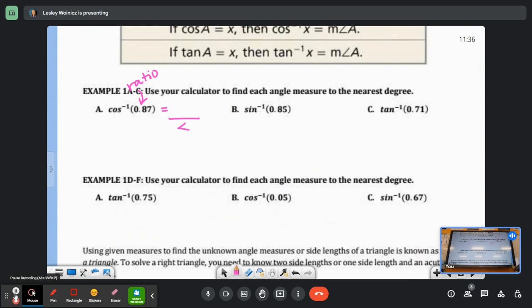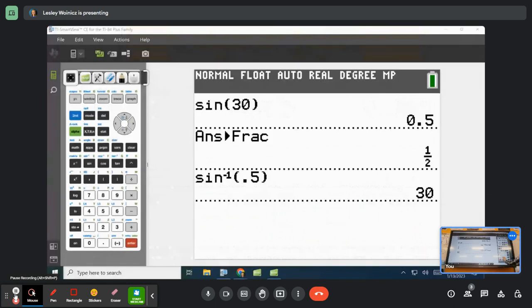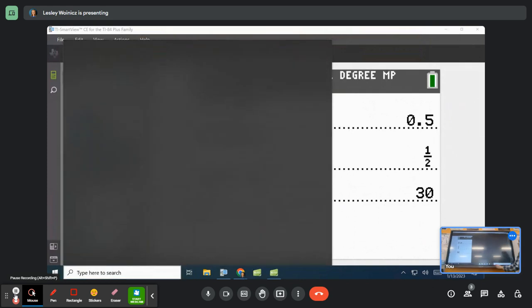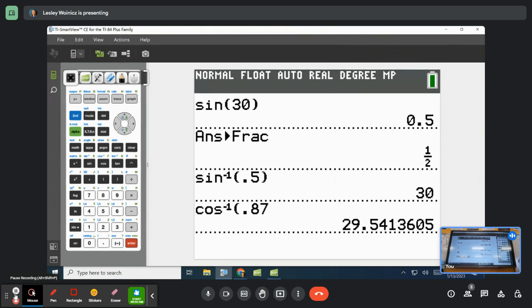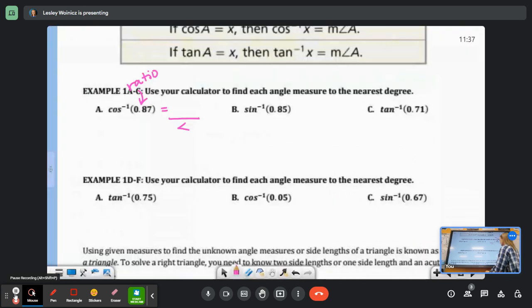Inverse cosine of 0.87. I got 29.54. Nearest degree, 29.5. That's 30 degrees? Okay, 30 degrees. So we're rounding to the nearest degree.